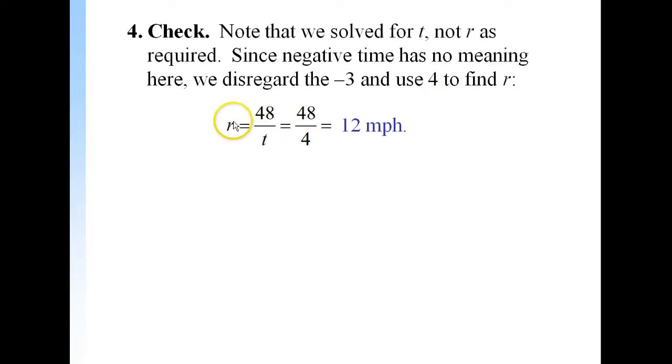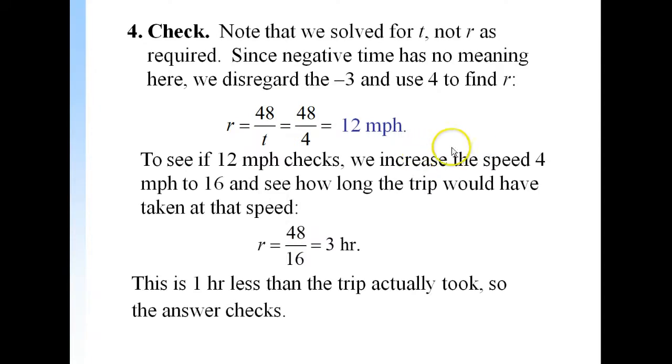So divide by 4 right there for time. And that gives us 12, which is our rate, as we had. Okay. And if you check it, it works out fine. So Cade traveled at 12 miles per hour.